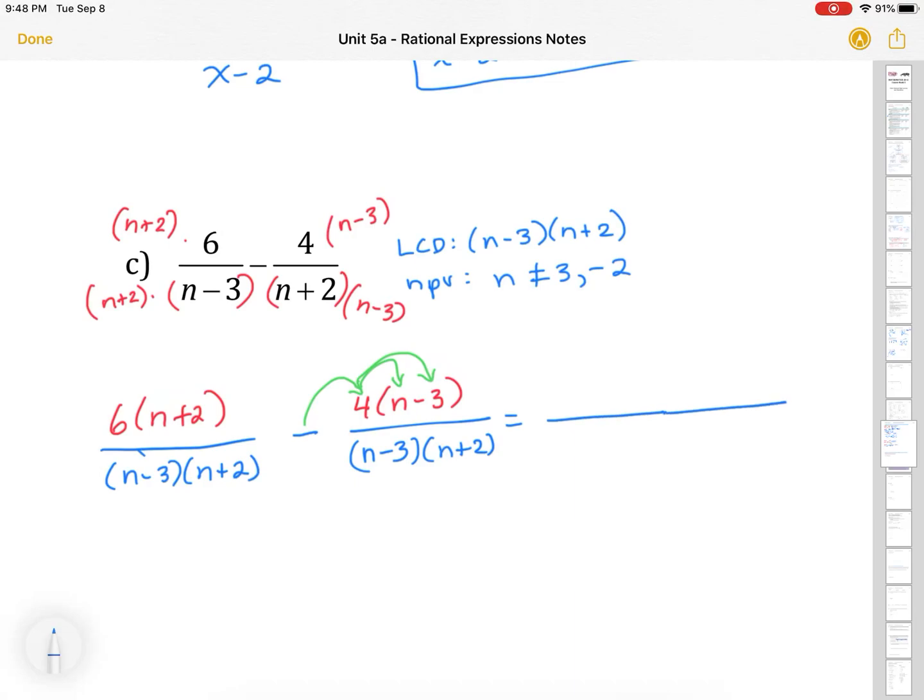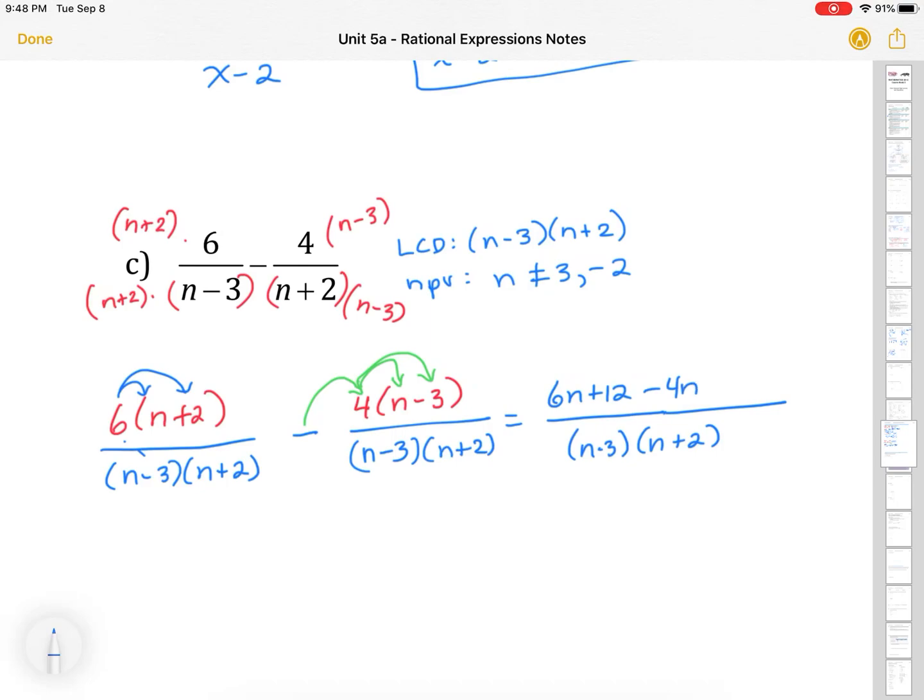So the new denominator is n minus 3, n plus 2. The first bracket I'm going to distribute here. It's going to give me 6n plus 12. And the second bracket, I have negative 4 times n, so it'll be minus 4n.